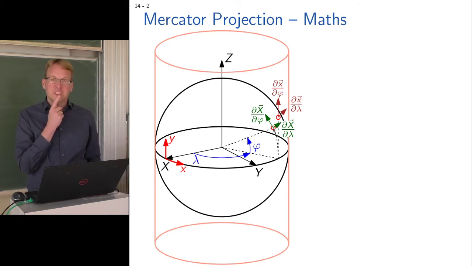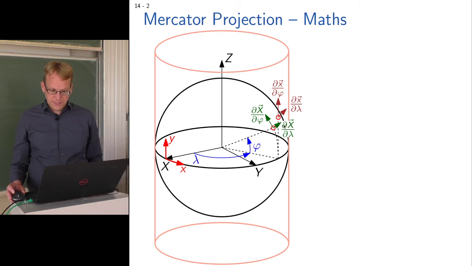how does this position change if we change the latitude by some small unit? Well, that is precisely this partial derivative, dX by d phi. That tells us how the position of this point changes if we change phi by some small unit.